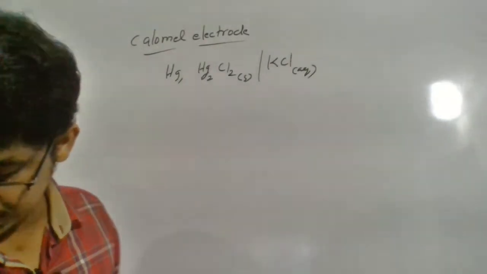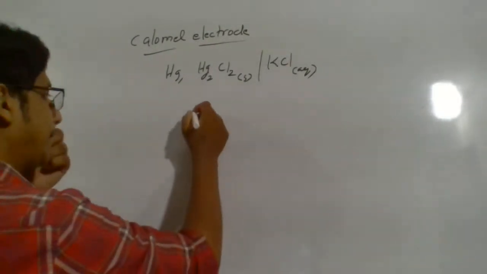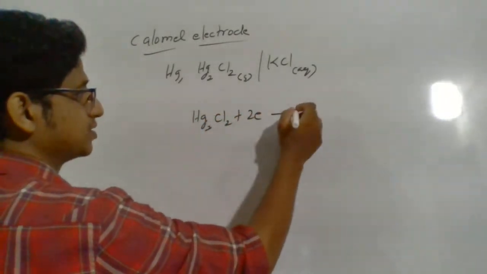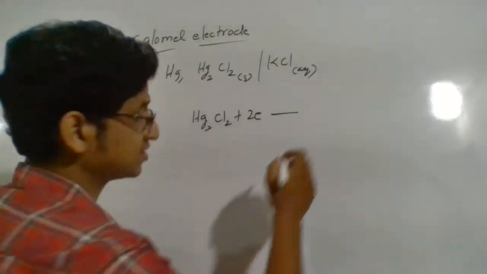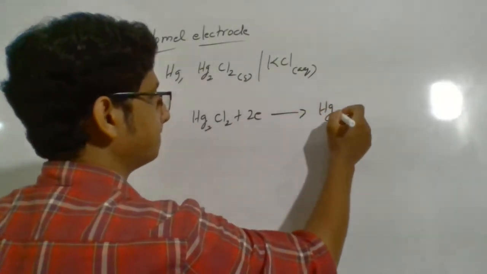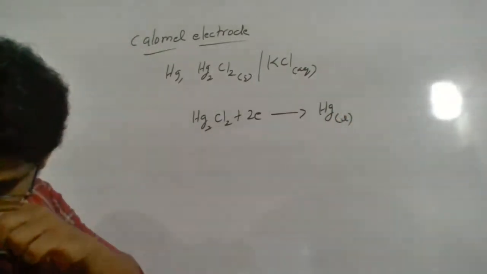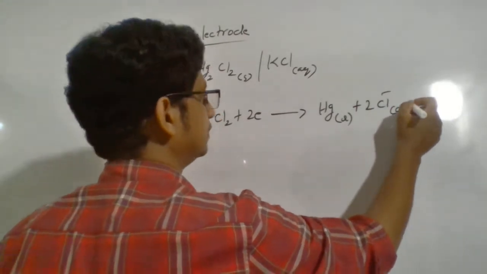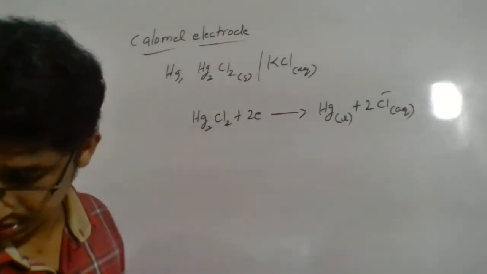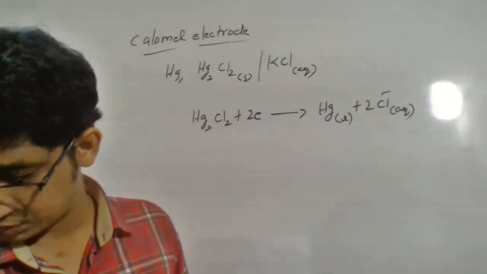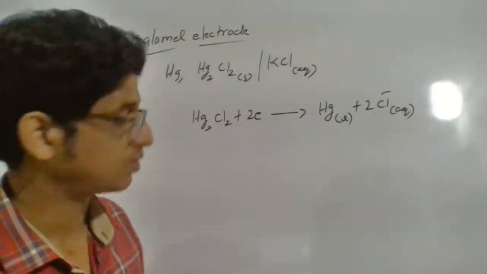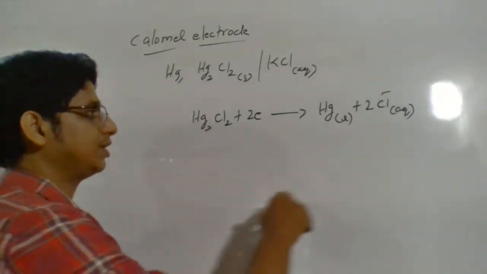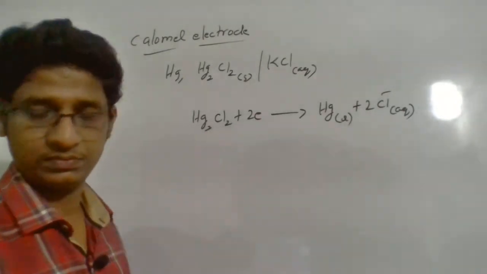Let us represent the electrode reaction: Hg2Cl2, mercurous chloride, undergoes reduction to produce mercury in the liquid state, and Cl minus is produced. This is the calomel electrode reaction, where mercurous chloride is converted to mercury and chloride ion. Hence this is a reversible electrode with respect to the anion.